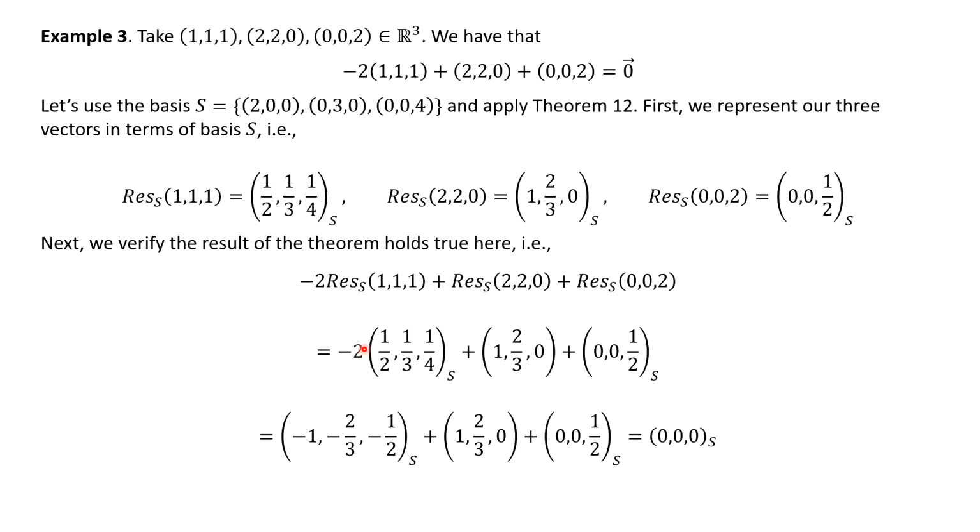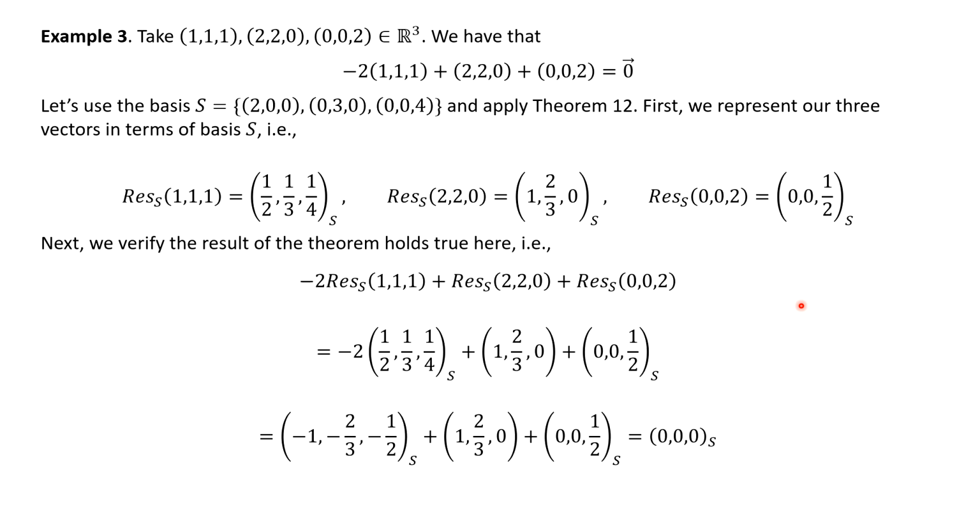We just take minus 2 times this one, and these two just have a 1, so we don't have any work to do here. Then we have minus 1 plus 1 plus 0 is 0, minus 2/3 plus 2/3 is 0, 0 here. Then we get minus 1/2, 0 plus 1/2, we get 0. So what we had in our theorem holds true here.